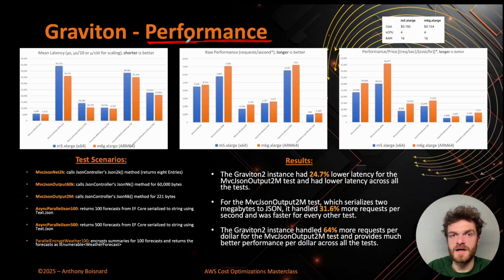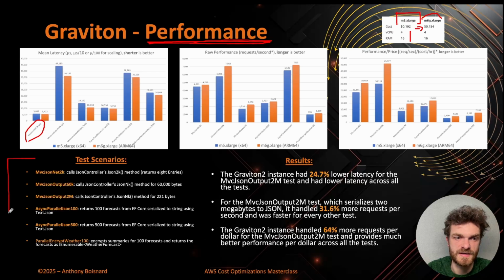These diagrams are performance testing results between non-Graviton instances like M5 X large and Graviton instances like M6G X large. So the cost is currently less for Graviton. Of course, you have the same CPU, same RAM. Basically, you have all different test scenarios.